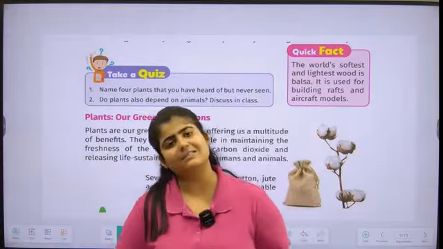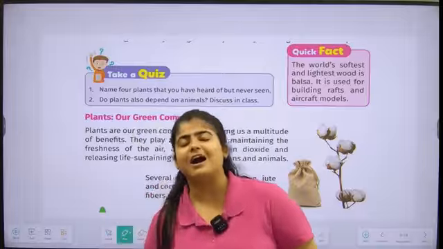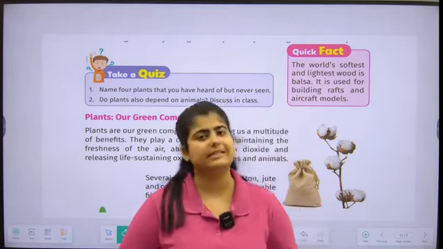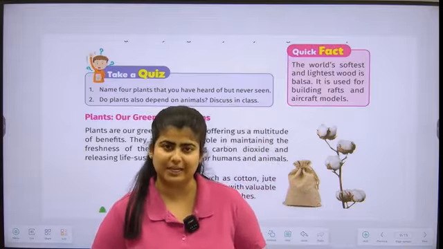Hence, plants rely on animals for carbon dioxide. That is the only thing a plant needs. A plant doesn't want to talk to us, it wants carbon dioxide, okay.